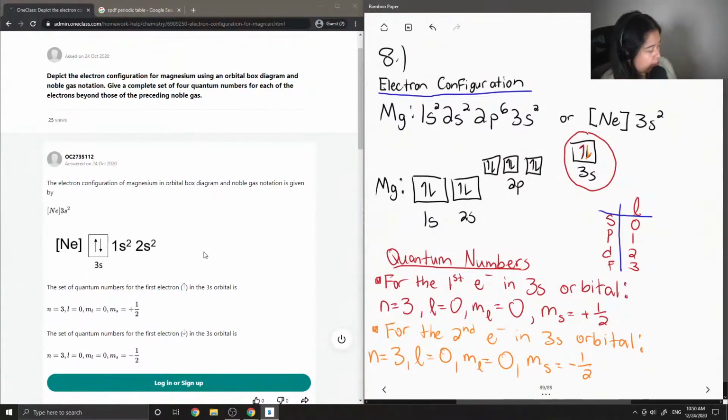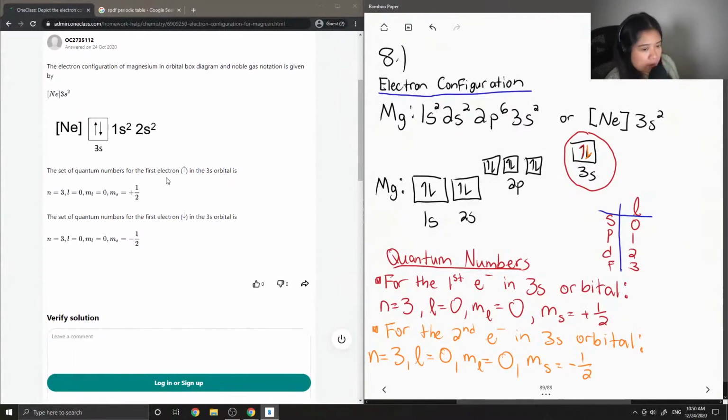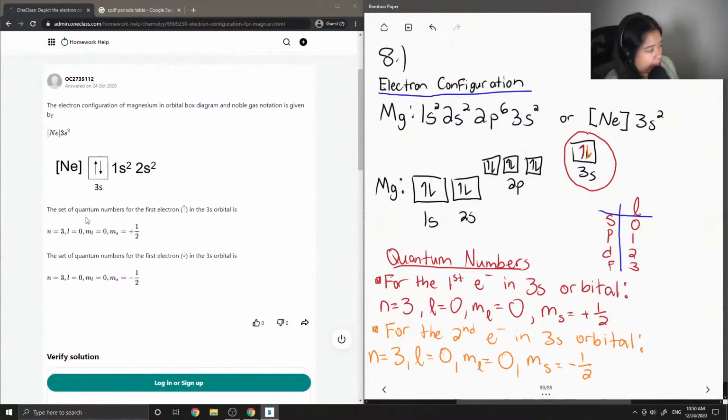Okay, so let's see what the junior tutor said. The electron configuration of magnesium in orbital box diagram and noble gas notation is given by neon 3s2. And then they showed 2 electrons, and then 1s2, 2s2. Okay.